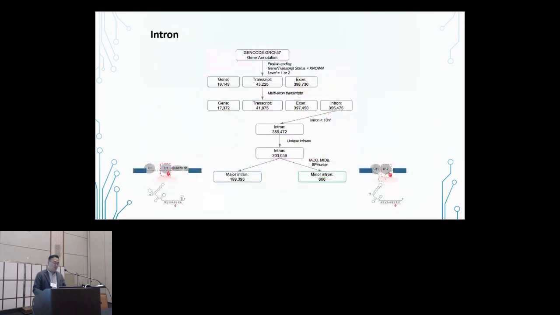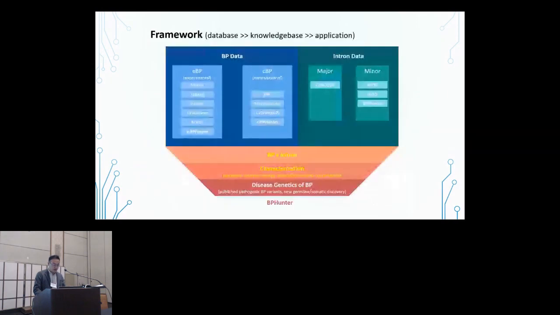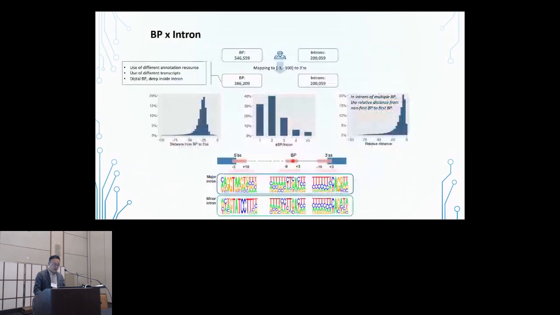After getting the BP data, we also got the intron data, and we classified all the introns into major and minor introns because we are going to study them individually. Once we have the data, we cross the BP positions with the introns and characterize them, getting a subset of BP positions aligned to all the introns we collected.